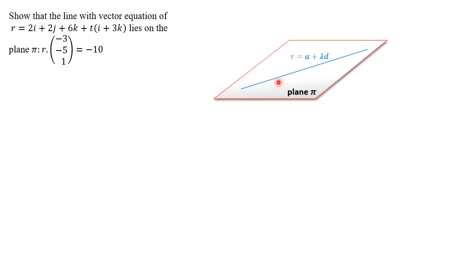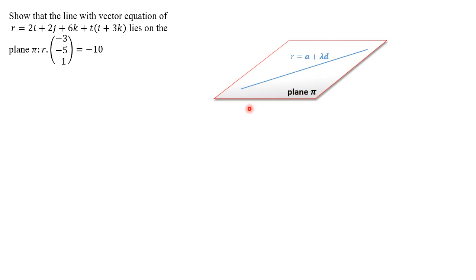If a line lies on the plane, it means all the points also lie on the plane. So we just need to substitute this line into the plane and see whether it satisfies the equation of the plane for any value of the parameter.